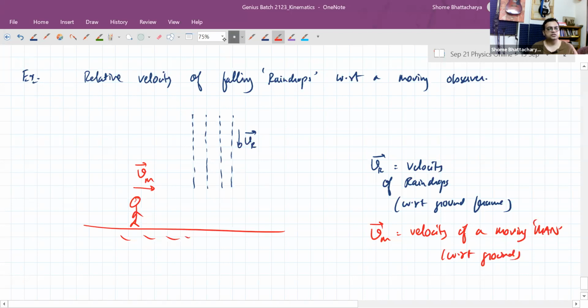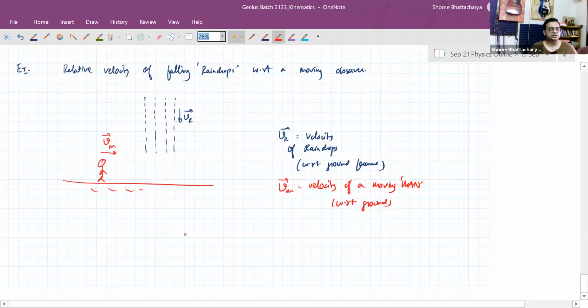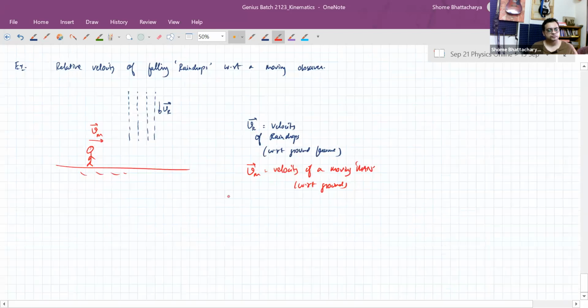So to the moving person, the rain will appear to fall at a slant. Because what will happen is his velocity vector is like this.